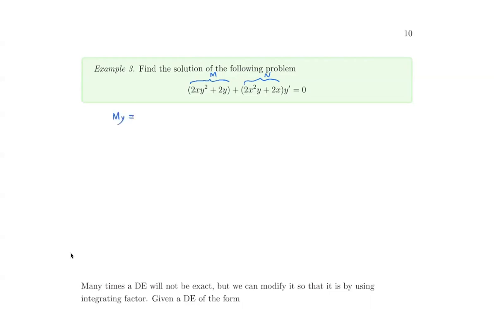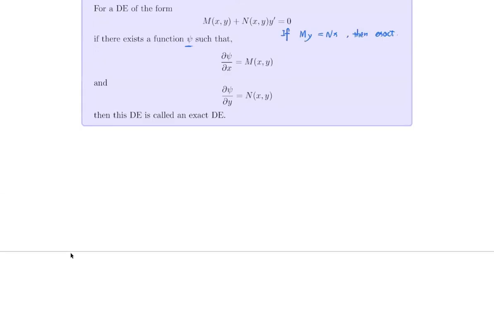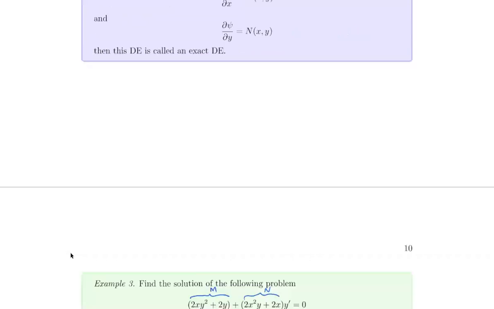You take M with respect to y, that's going to give you 4xy plus 2. And you take the partial derivative of N with respect to x, that's going to give you 4xy plus 2 as well. So they're equal, which means it's exact. Since it's exact, we have a function psi such that those two are true, so we can use it to find our function psi.